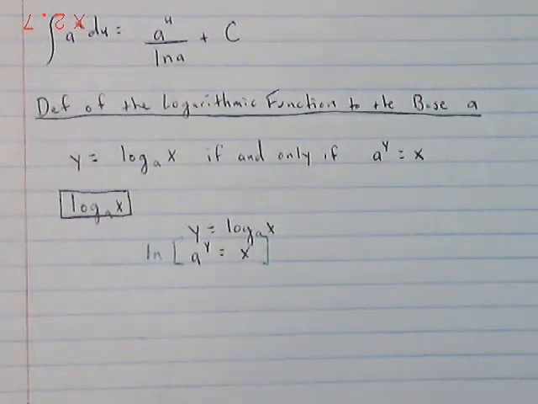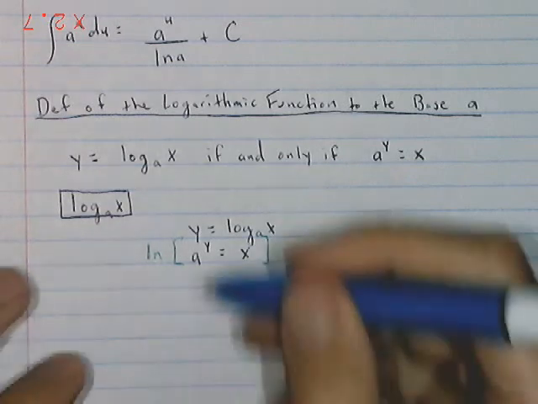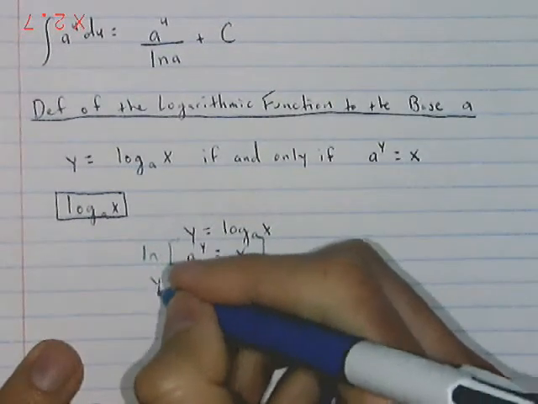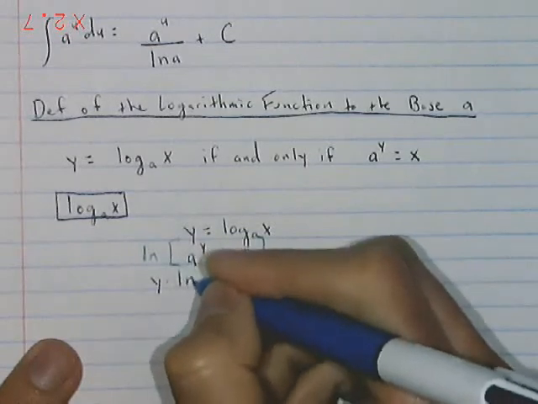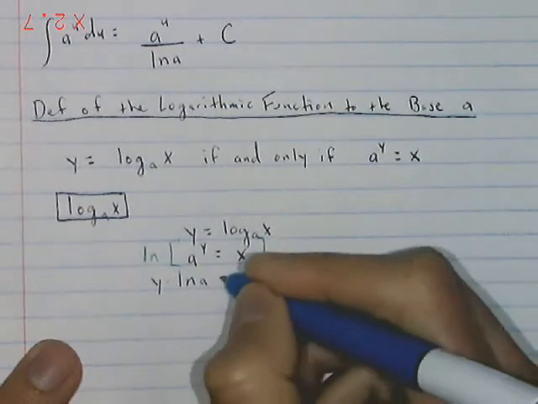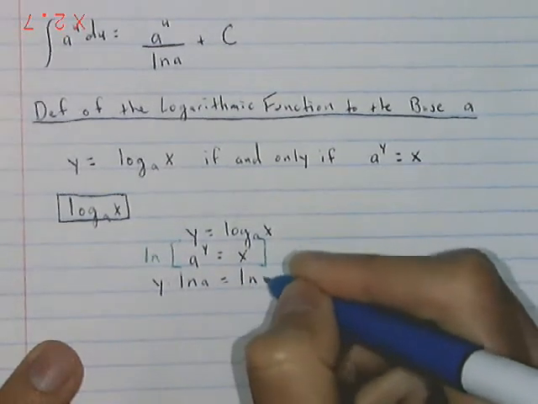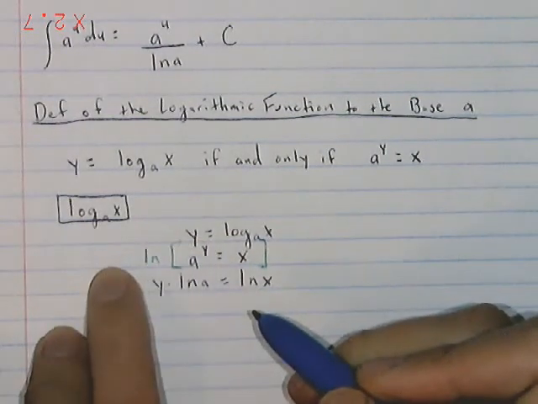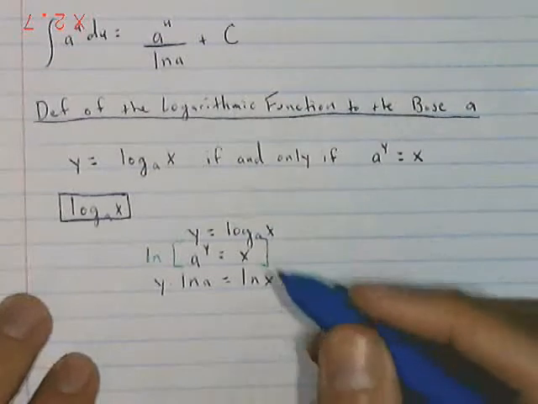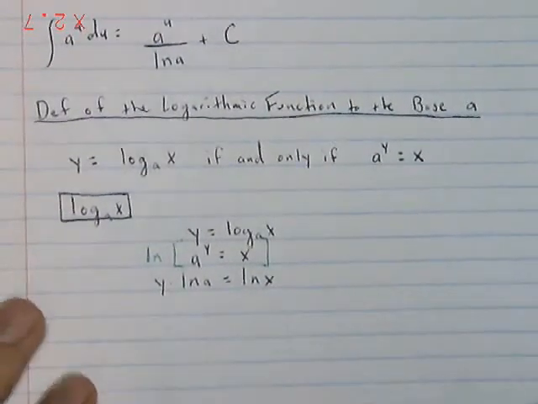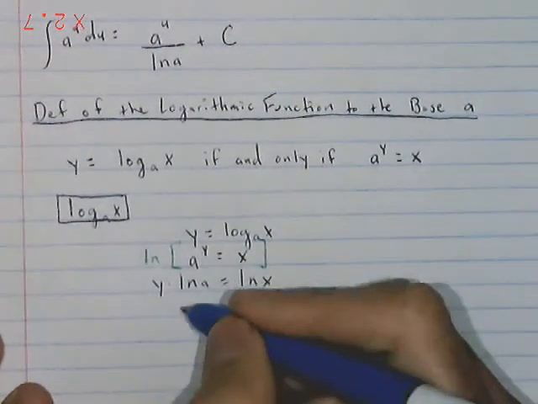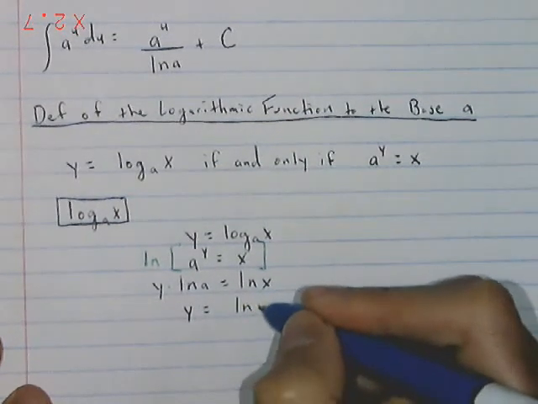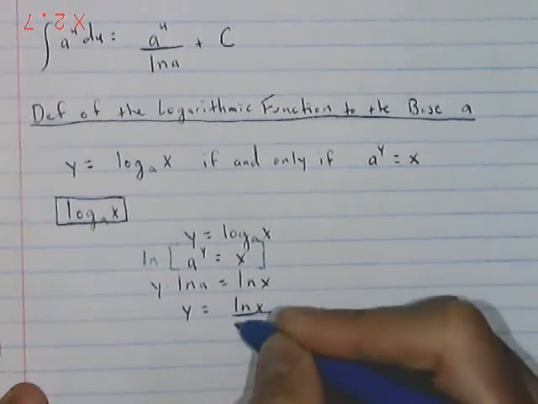That allows us to say that y times the ln of a is equal to the ln of x, where the left side comes from dropping down that exponent. Then dividing both sides by the ln of a, we have that y equals the natural log of x divided by the natural log of a.